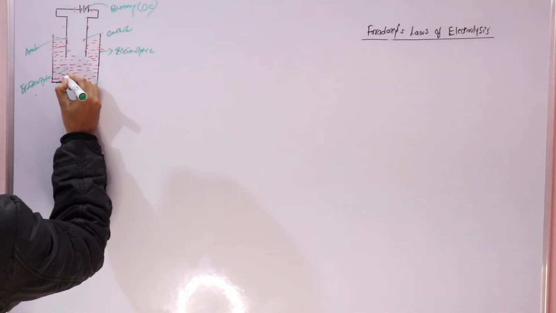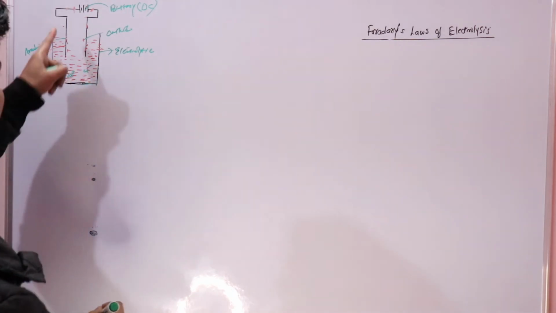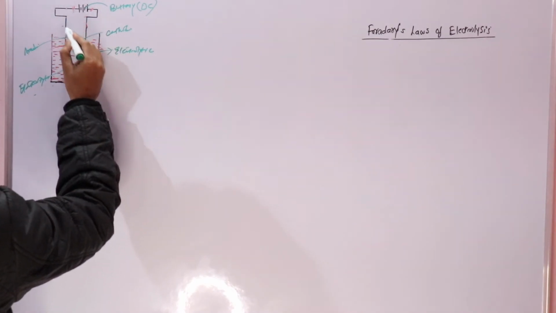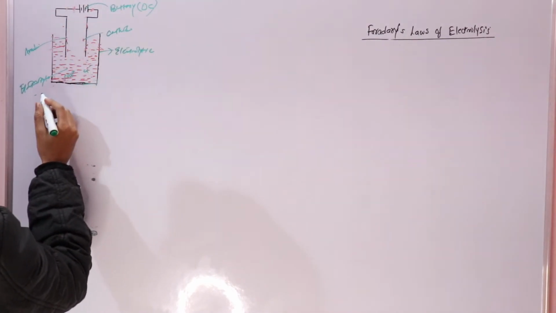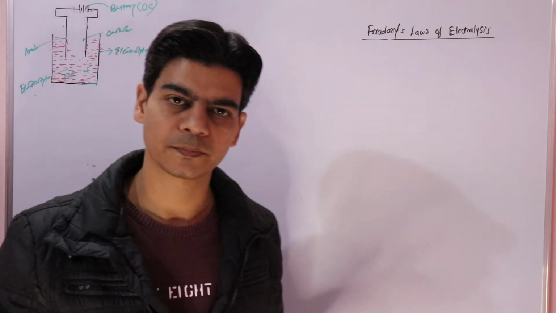So this will contain sodium ions and chloride ions. When we pass electric current, what will happen? When electric current passes through this electrolyte, these ions will start moving towards their respective electrodes.